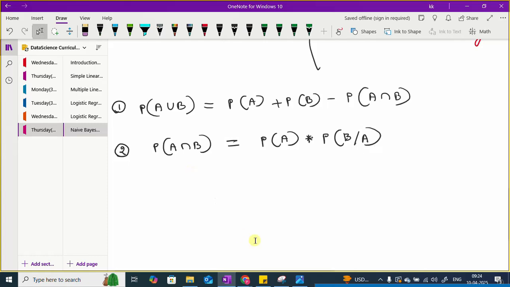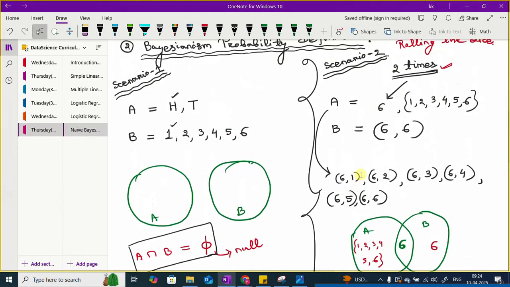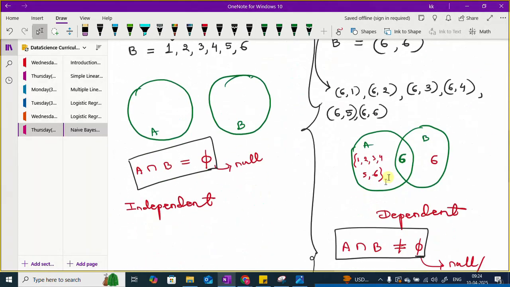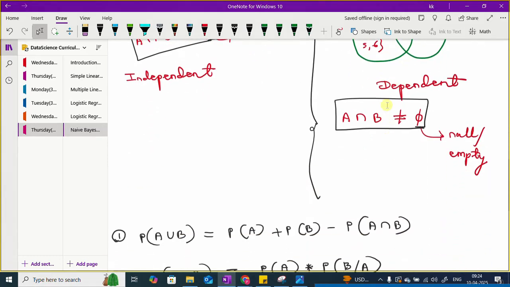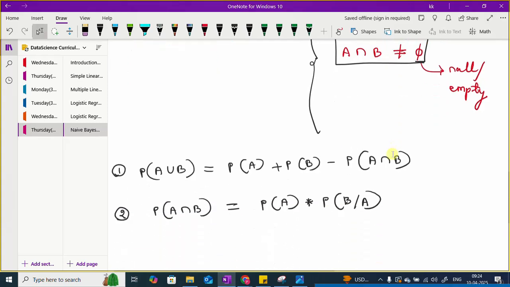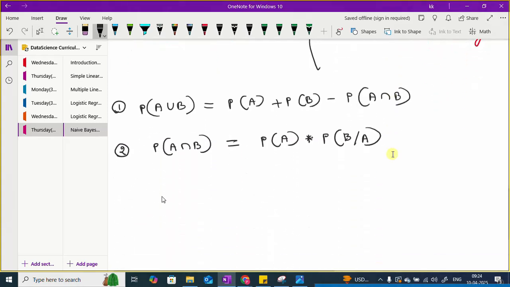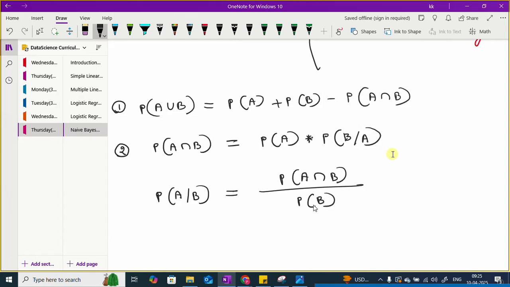Now, from scenario 2, as both are dependent on each other, I can say another formula exists. That formula is probability of A given B is equal to probability of A intersection B divided by probability of B. Clear, guys?